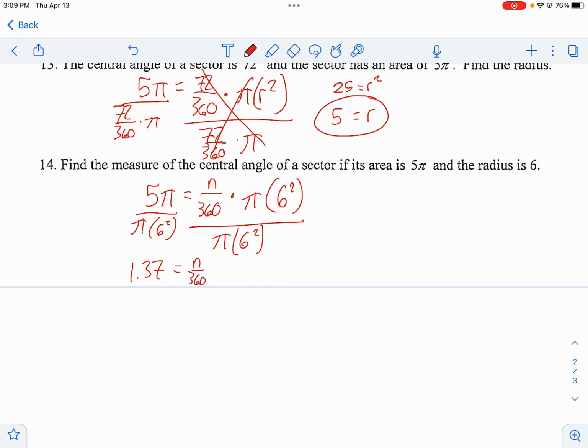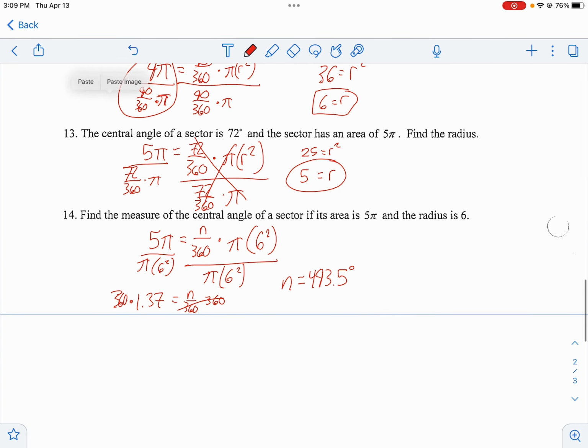Multiply the left and the right side by 360 in order to get n by itself. So n would give you 493.5. And that's in angles, that's degrees. Make sure we have units there.